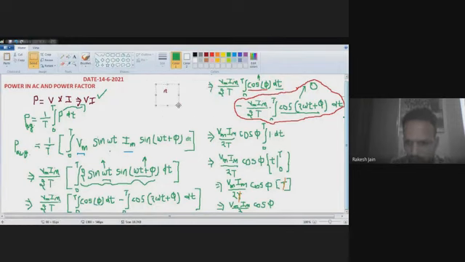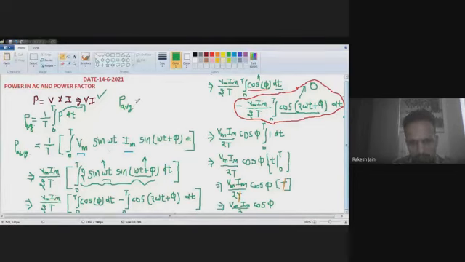Here I am going to teach you after this. See very carefully. Your average power value of AC, P average, is equal to Vm Im upon 2.